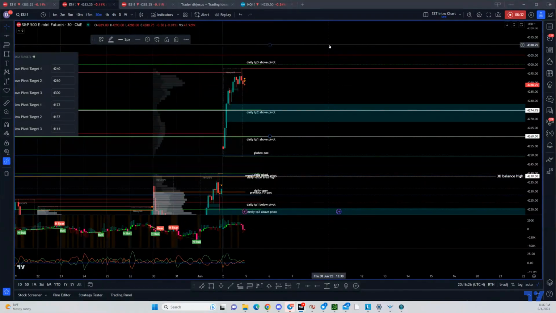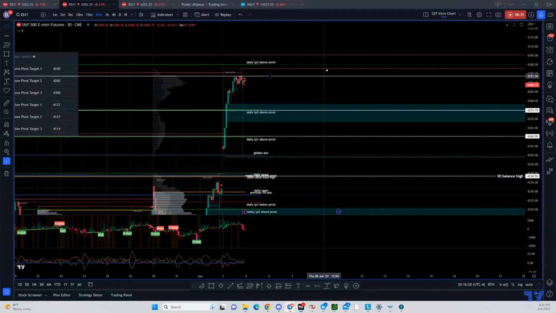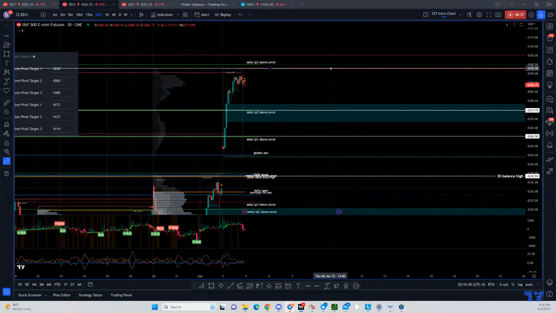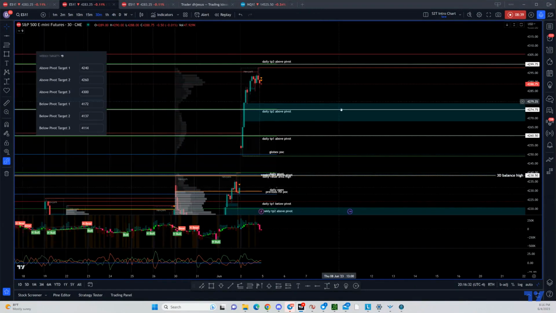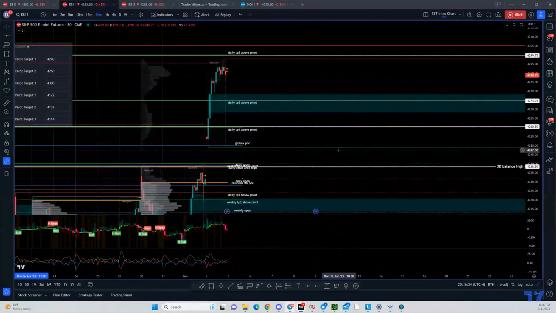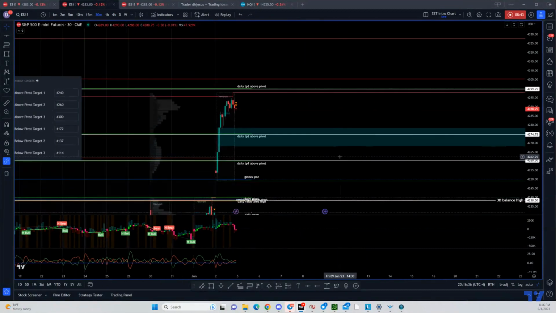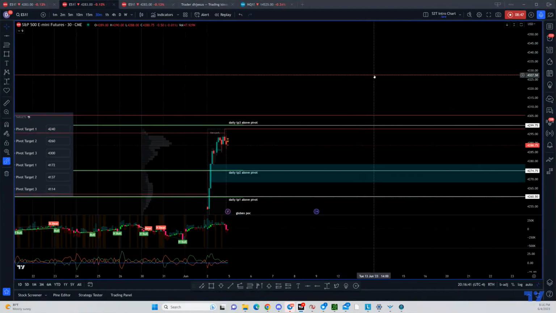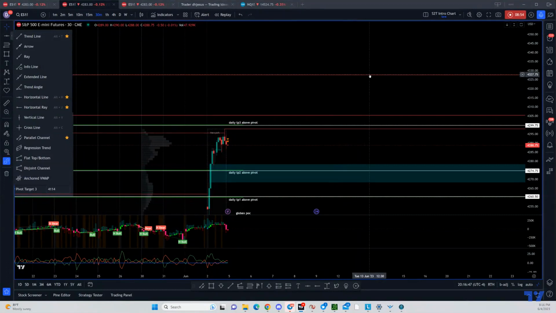So we're gonna bring 4,300 here. So 60 to 4,300, and then target number 3 is gonna be 4327, which is another session high that has never been mitigated. So I'm gonna put the high of that session right here.